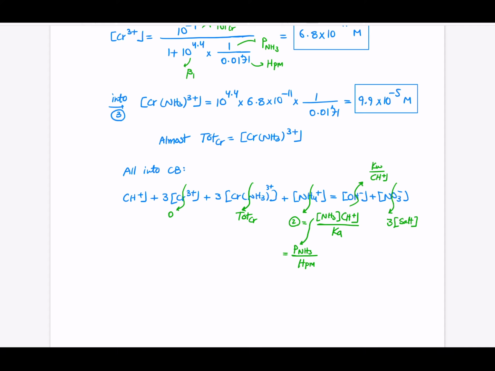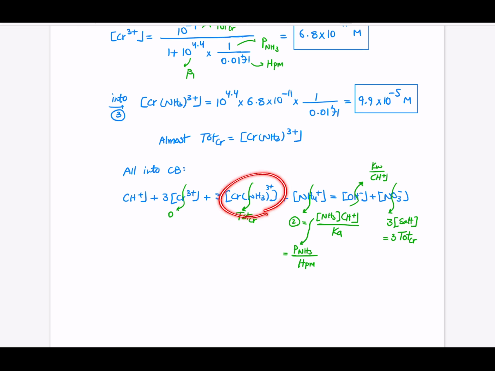Three times the concentration of the salt is equal to 3 times the total chromium as well, because the salt was equal to the total chromium, so 3 times salt.